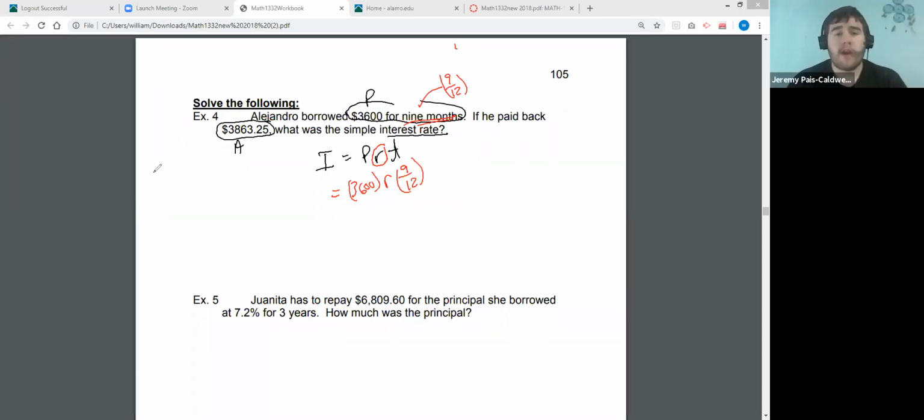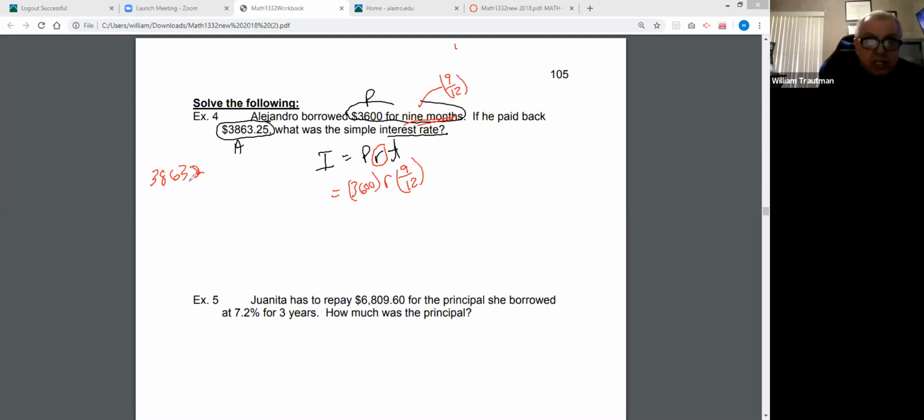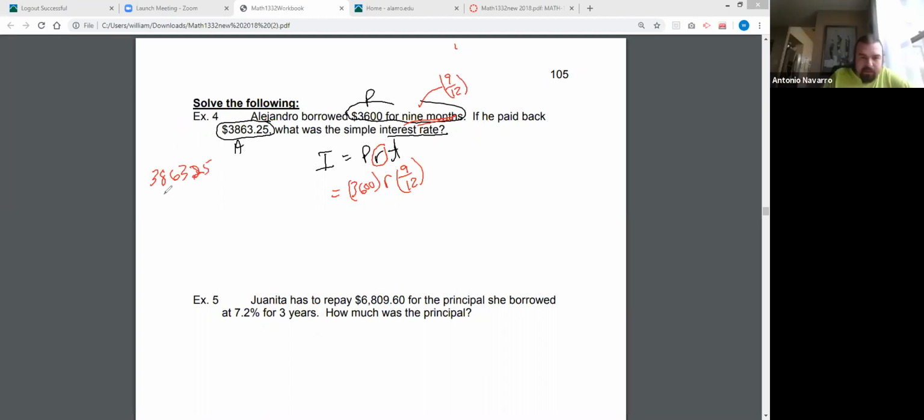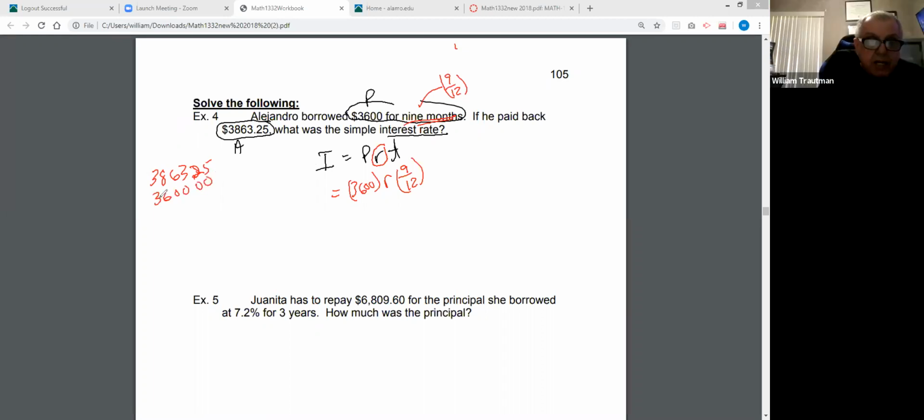When you subtract the principal from that, you get $263.25. That's how much you had to pay back more than the original amount. So the interest is 263.25.